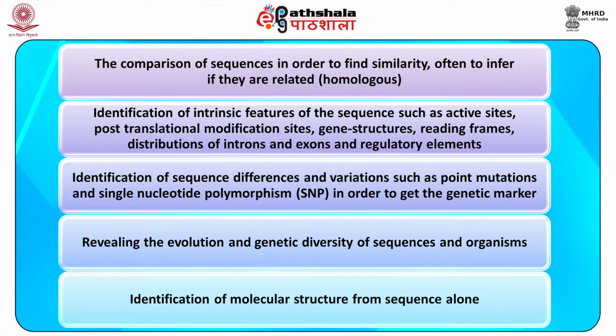Number two, identification of intrinsic features of the sequence such as active sites, post-translational modification sites, gene structures, reading frames, distribution of introns and exons and regulatory elements. And number three, identification of sequence differences and variations such as point mutations and single nucleotide polymorphisms in order to get genetic markers, and also revealing the evolution and genetic diversity of sequences and organisms.